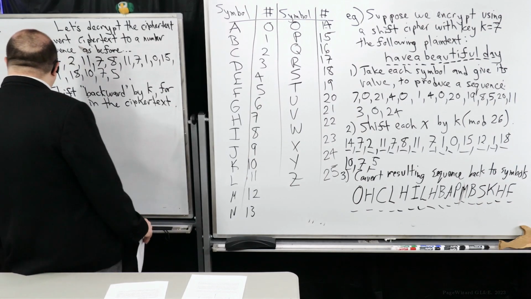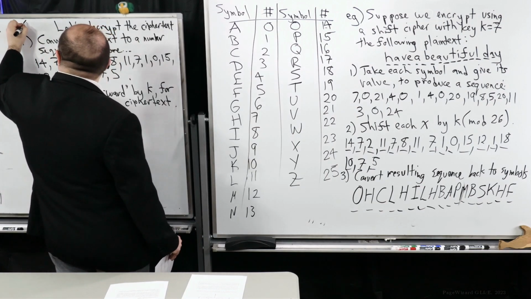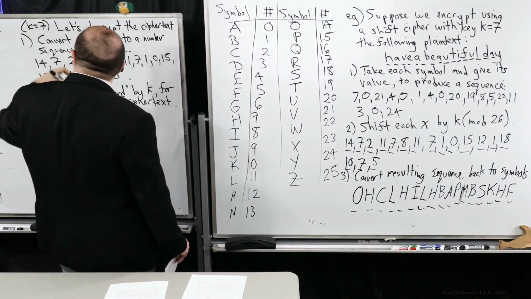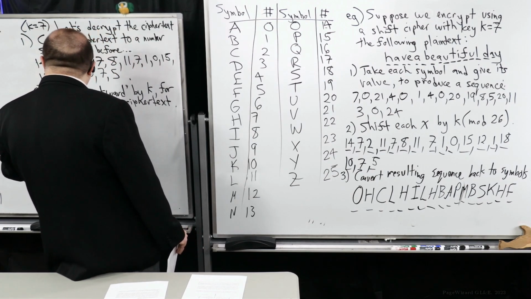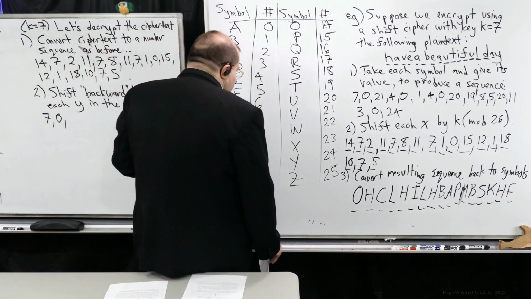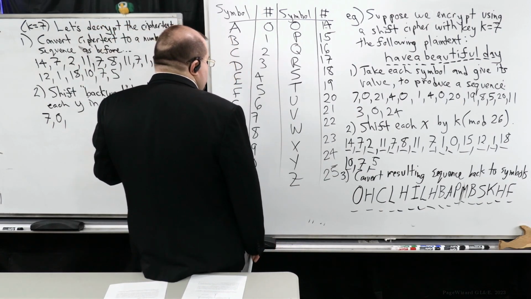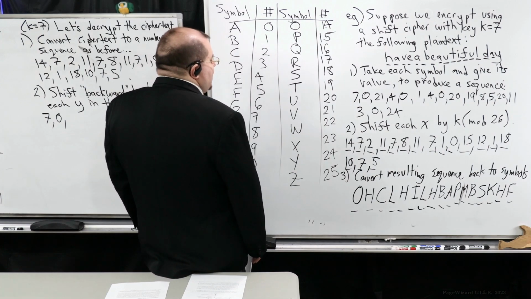So 14 minus 7 is 7. Because remember, we know K is 7. That's what Bob knows. So I have 7. 7 minus 7, 0. 2 minus 7 mod 26. What would that be?